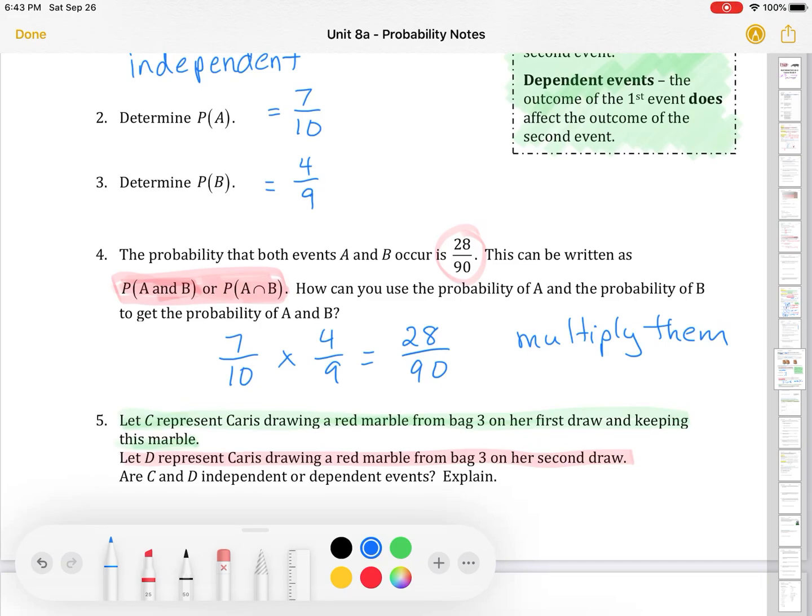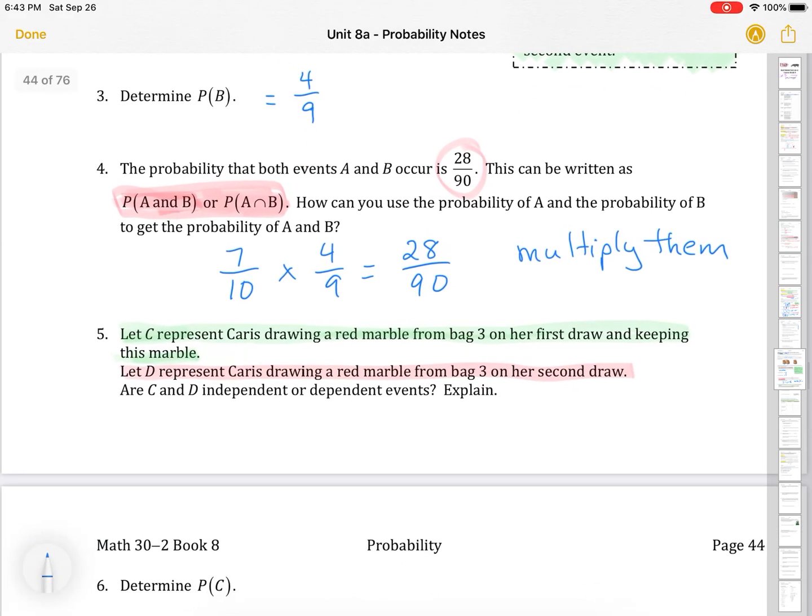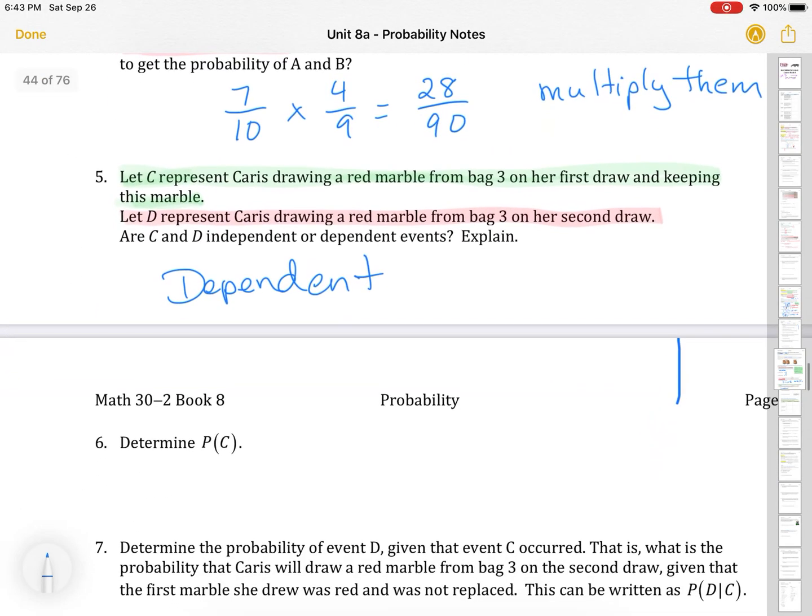Are these independent or dependent events? Explain. Well, dependent events say that the outcome of the first event does affect the outcome of the second event. In this case, because after Karis draws that first one out, she's changed the total number of marbles in her bag. She has changed the probability of the second event. So this would be dependent.